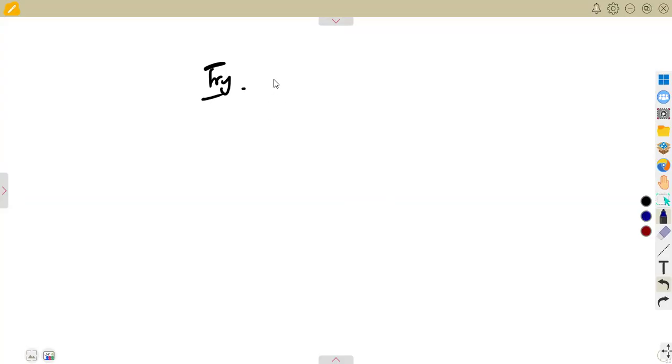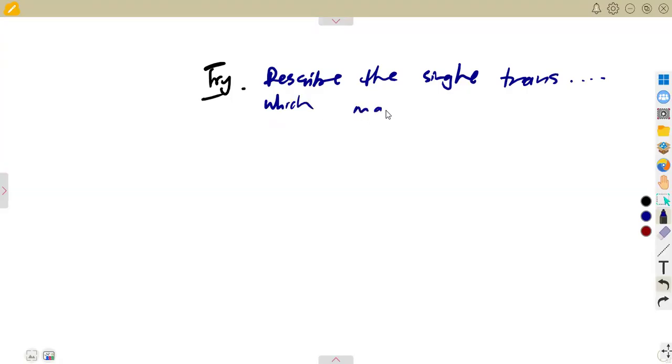So on each part, you are going to describe the single transformation which maps triangle ABC onto triangle A1, B1, C1.